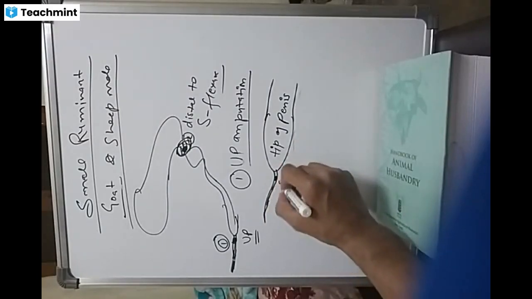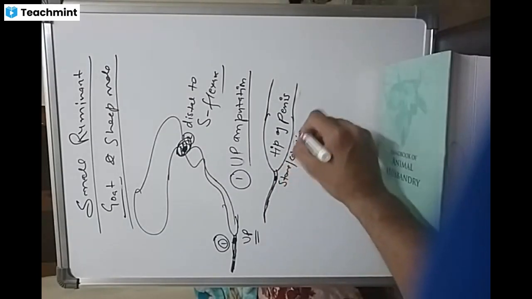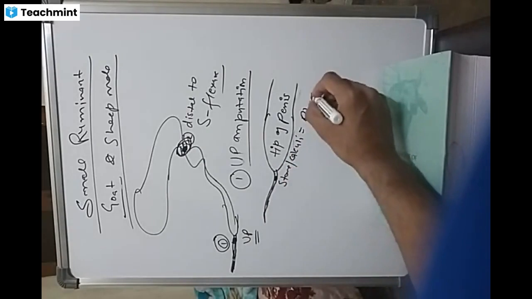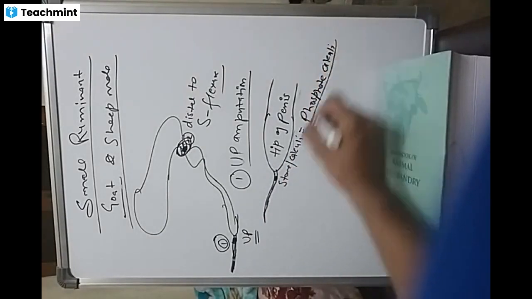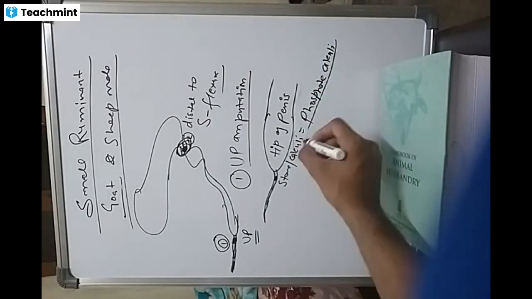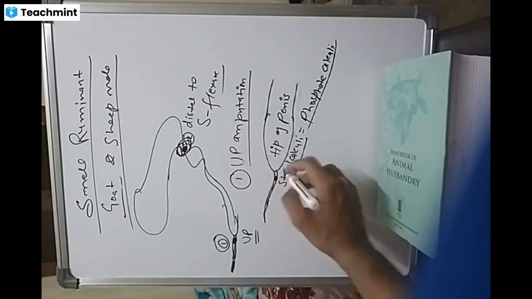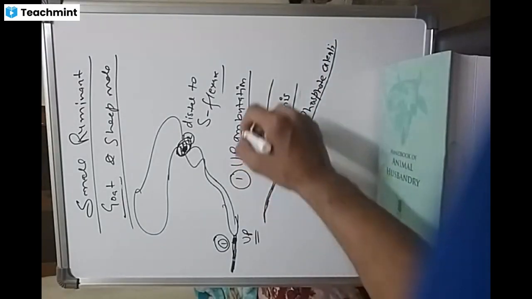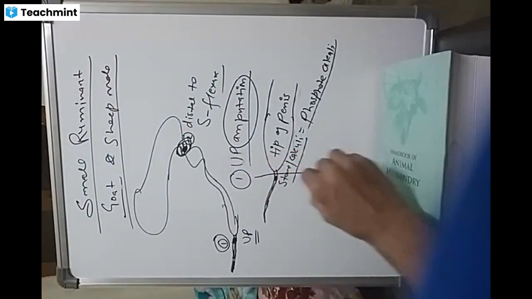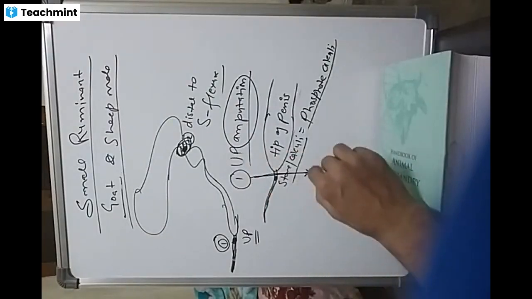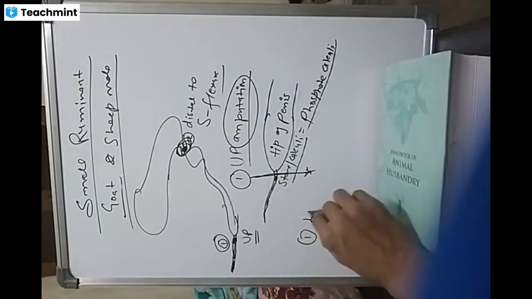So this is the calculi, and these calculi are mainly phosphate calculi. This is the urethral process, and we are talking about amputation, means we are cutting this urethral process like this.